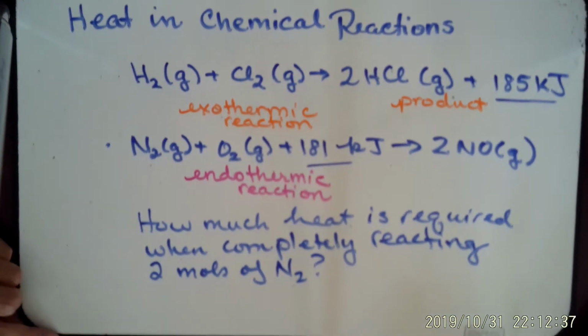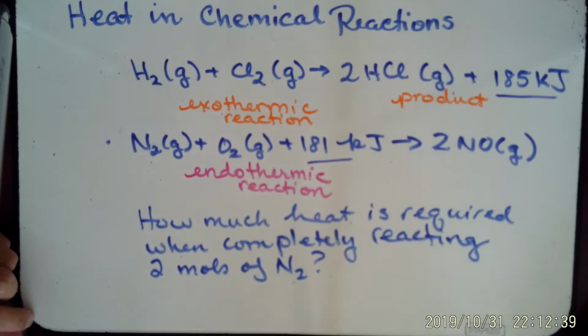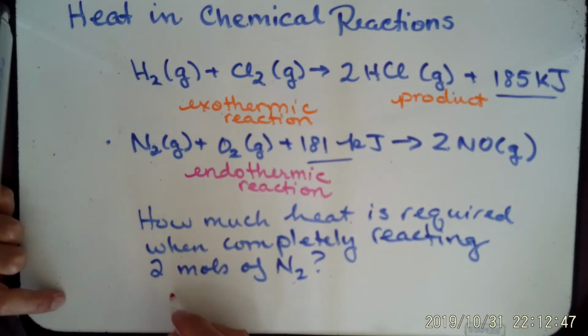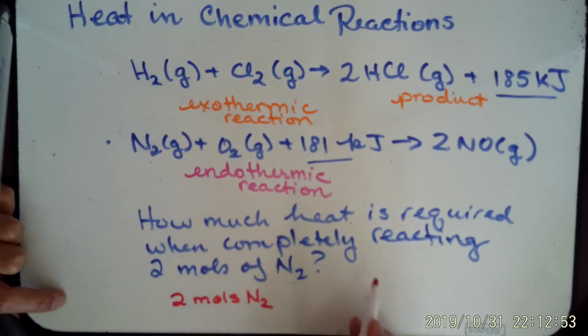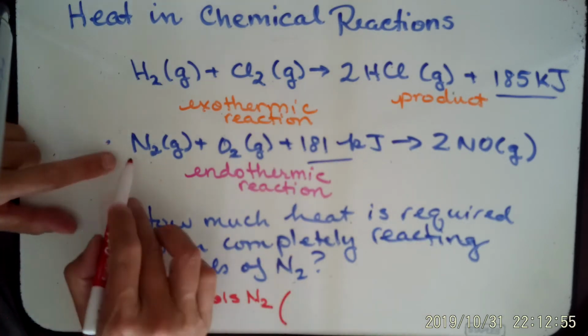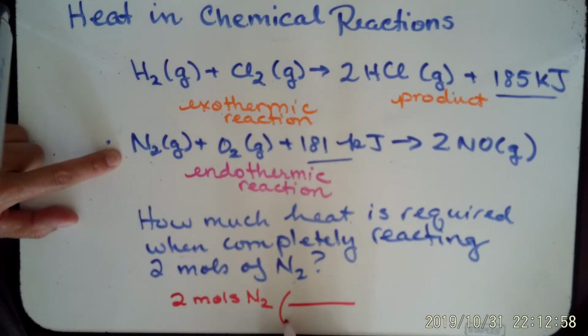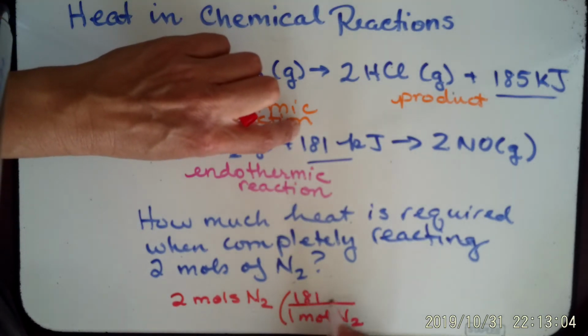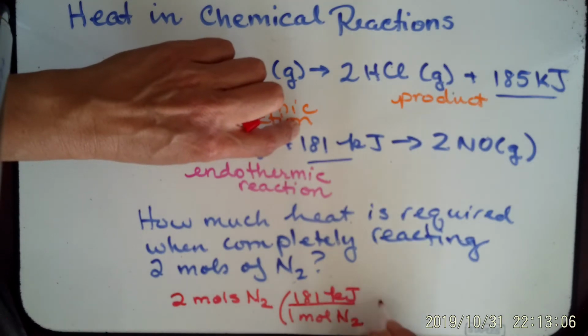We would set it up and we say, okay, so I know I'm starting off with 2 moles of nitrogen, and the relationship is that for every 1 mole, because that's my coefficient here, of nitrogen, it requires 181 kilojoules.